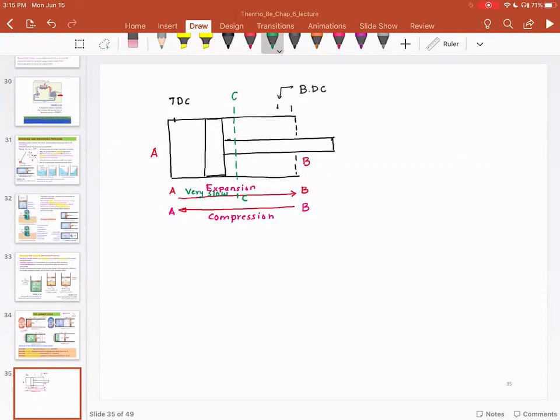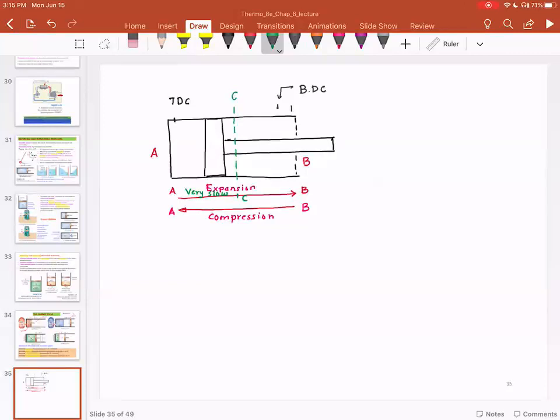So as this piston is going very slowly from A to C, the temperature of the working fluid, which could be air or any other working fluid, is remaining constant.